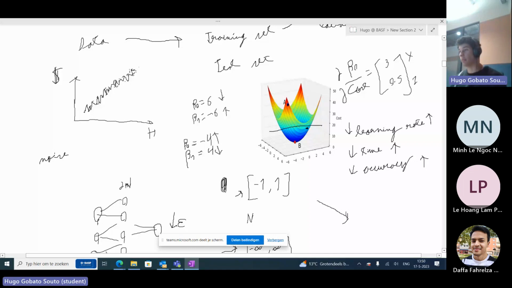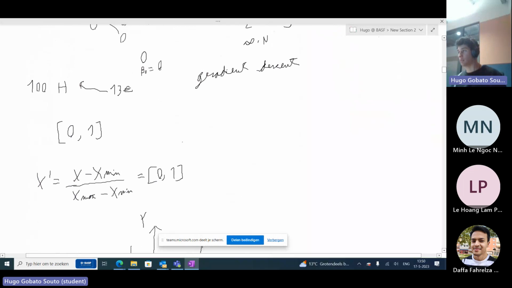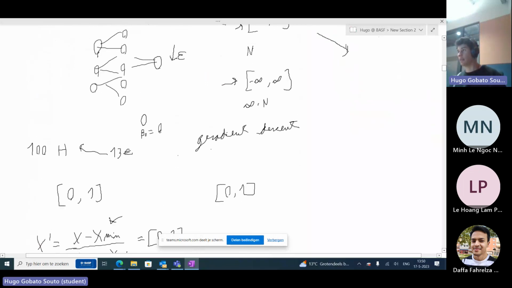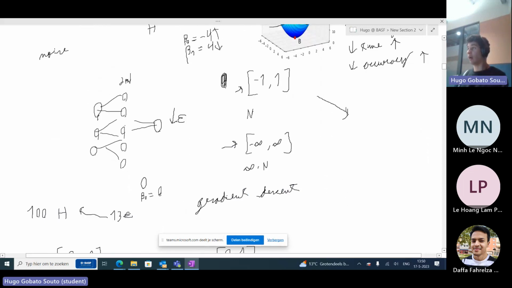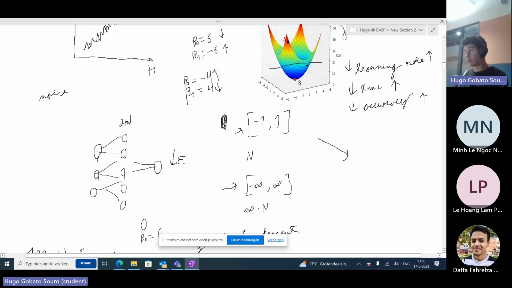Then you're also going to estimate something that is between 0 and 1, and to come back to the original estimation, you just use this formula once again, but you invert the terms. Your computer does this automatically. The nice thing about normalization is that this graph here is not that big just because you normalize it. That's easier.